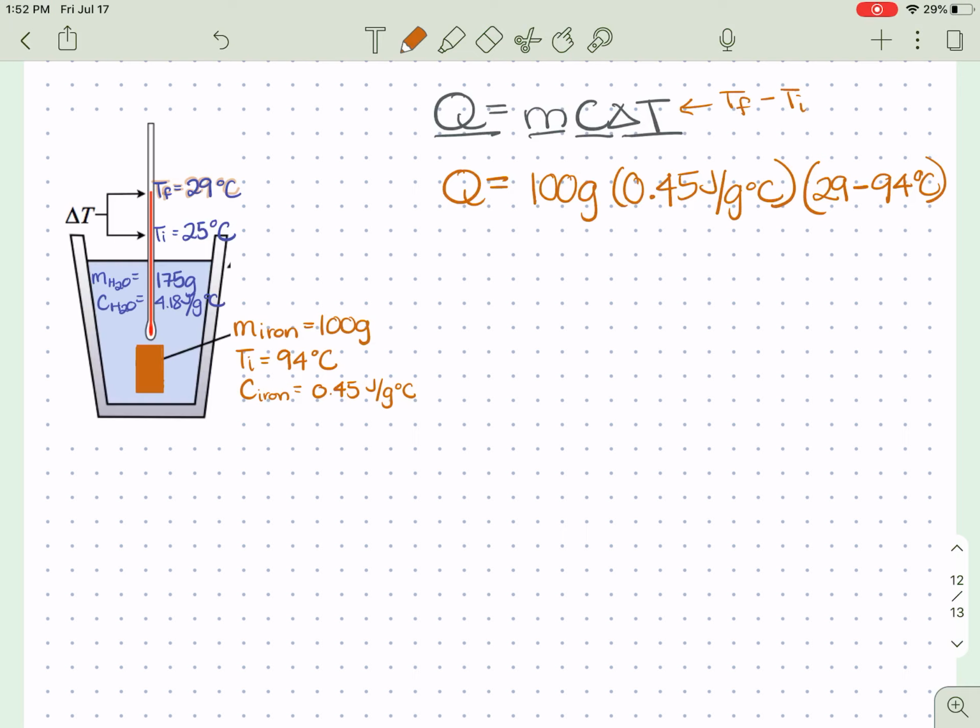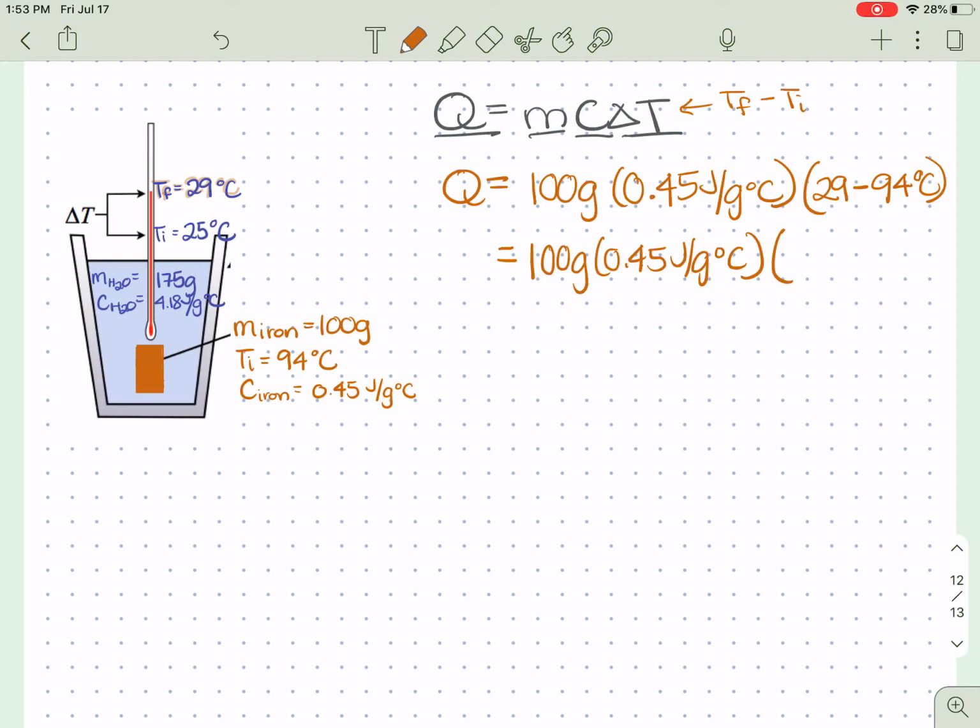Okay, so you can do one step where you take 100 grams times 0.45 joules per gram degrees Celsius times 29 minus 94. Let me grab my calculator. I always recommend using a calculator because you have access to one no matter what, and sometimes you make little mistakes with your mental math that cause you to get the whole answer wrong.